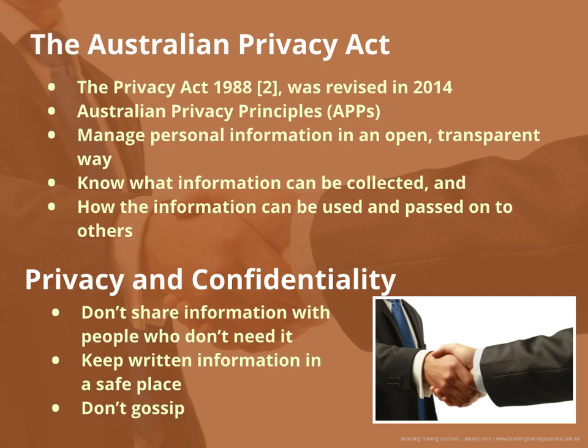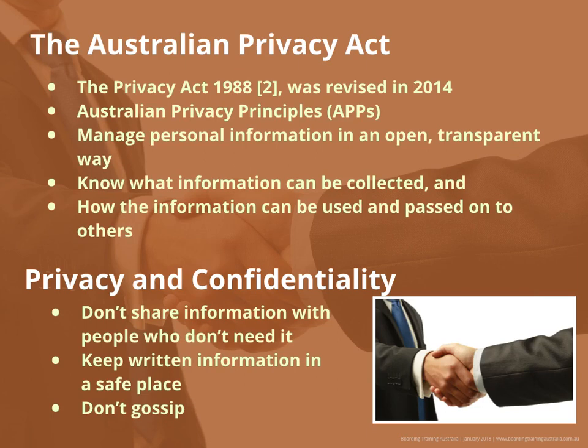In Australia, we have the Privacy Act, which was revised in 2014. And it details how personal information should be managed. And in your organisation, in your country, wherever you are, you'll have information about how you can share information about young people.